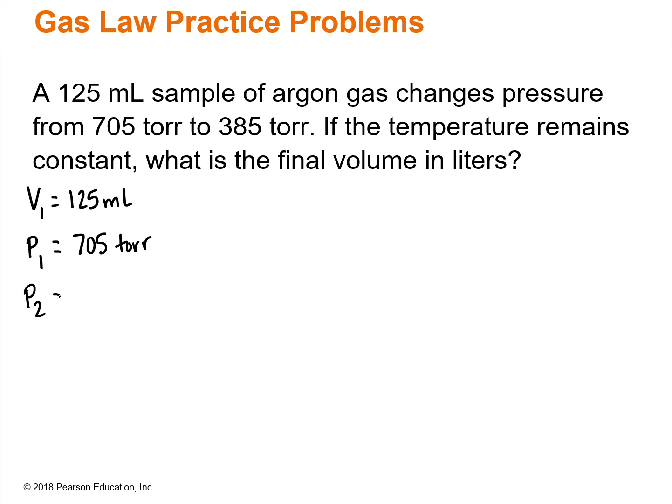We have another pressure, which is our final pressure. And we're asked for the final volume in liters. Our initial volume is not in liters, it's in milliliters. So you have to convert.